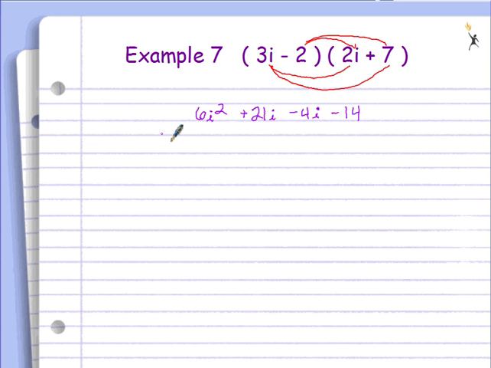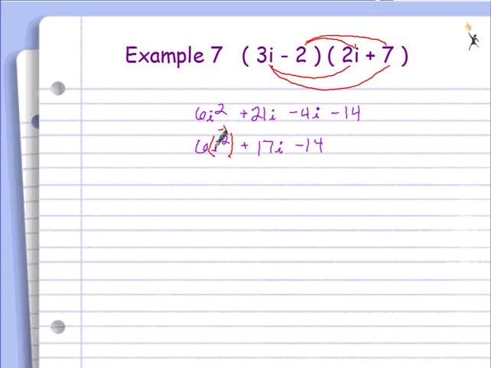And just like we have before, you're going to combine your like terms. So technically I have a 6i squared. I have a positive 21 and a negative 4. That would give me a positive, what? 17i. And then I have a minus 14. So this is what you think you have, but remember what our rule is. Anytime you have an i squared, it gets replaced with a negative 1.